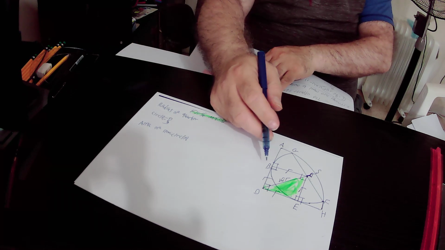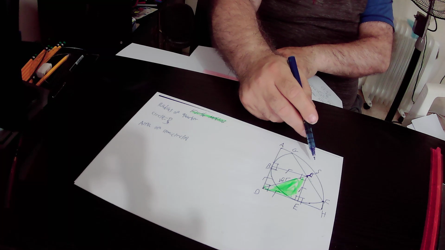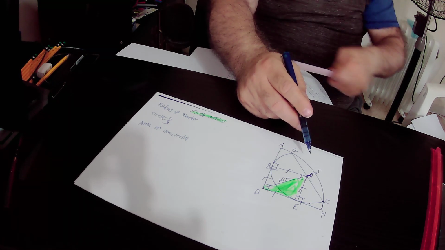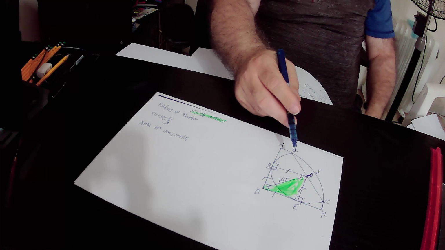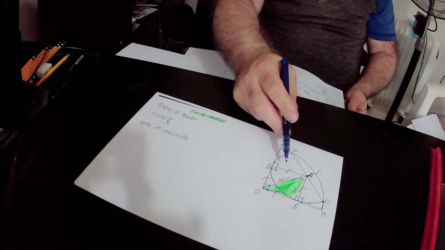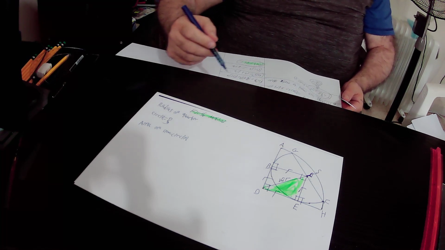O is the center of the quarter circle. S is a point on the quarter circle itself. And this is exactly the definition of a radius. That is to say, SO is the radius of the quarter circle that is equal to 3 units, according to what is given in the question.